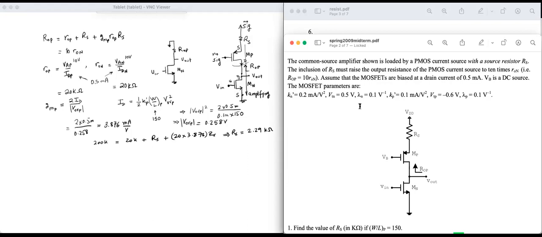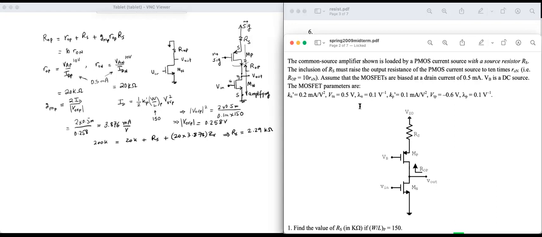All right. So a 2.29 kilo ohm resistor inserted between the source terminal and no signal would increase the resistance that we see from 20 to 200.